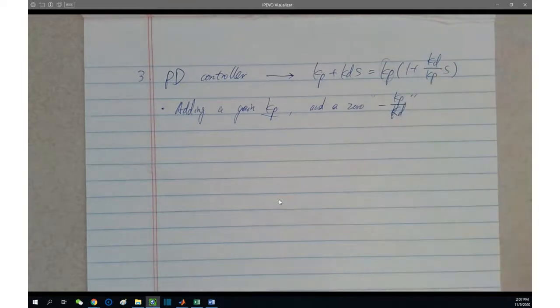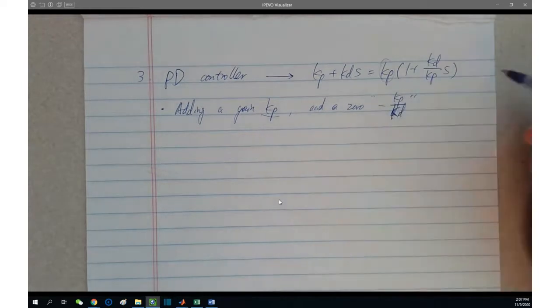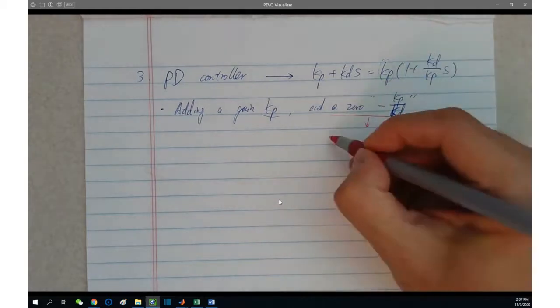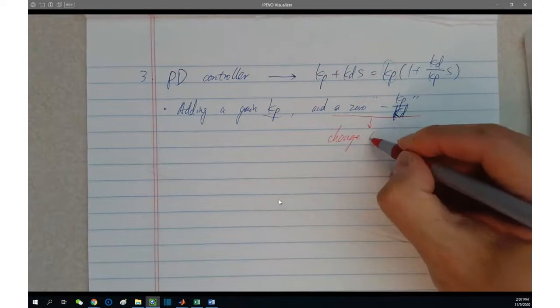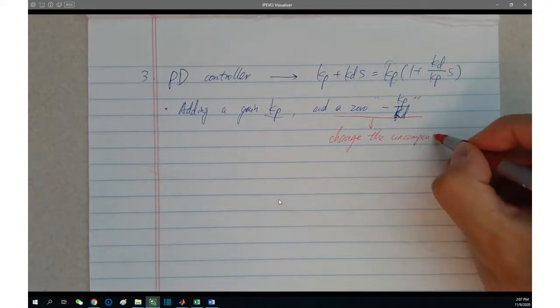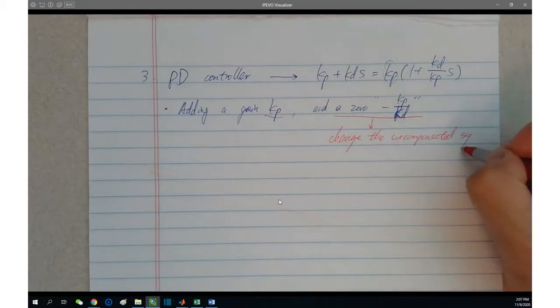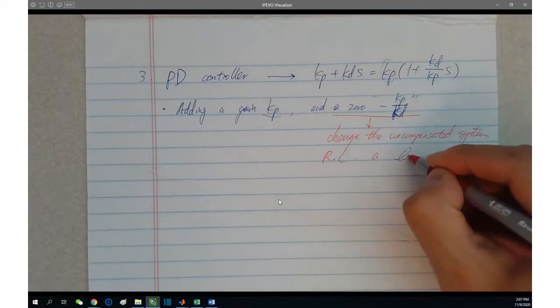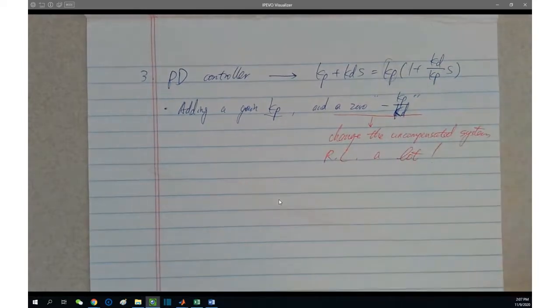This is zero's value. Add a zero at this place. So here's the effect. It can introduce this zero and change the Locus of the compensated system a lot, or say significantly.